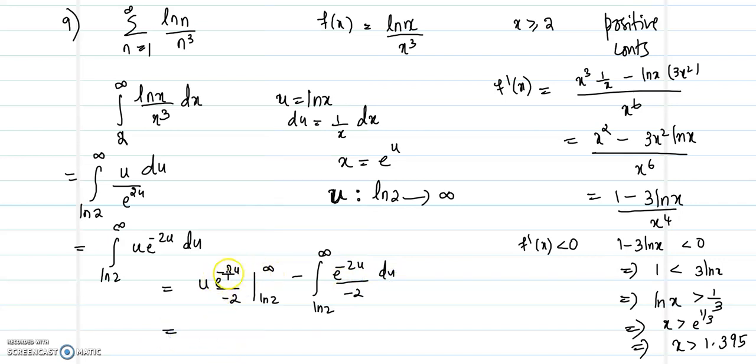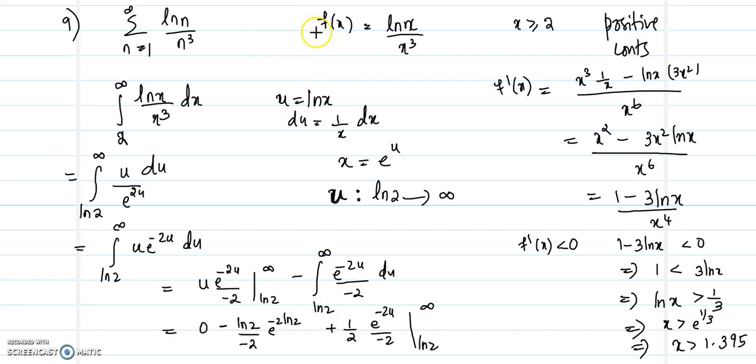At infinity we have e to the minus infinity, that will be 0, and at log 2 we will get (log 2)/(-2) e to the minus 2 log 2, then plus 1/2. Again the integral of this will be e to the minus 2u by minus 2 from log 2 to infinity.